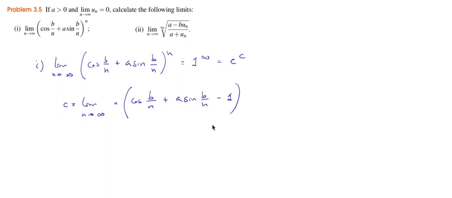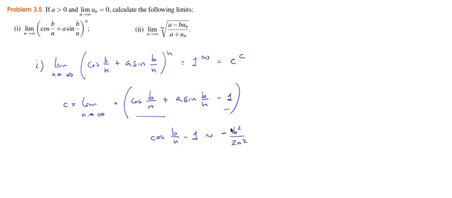minus 1. Okay? Now we know that b over n is going to 0. Okay, so the cosine of something that is going to 0, minus 1, is asymptotically equivalent to minus b squared over 2n squared.